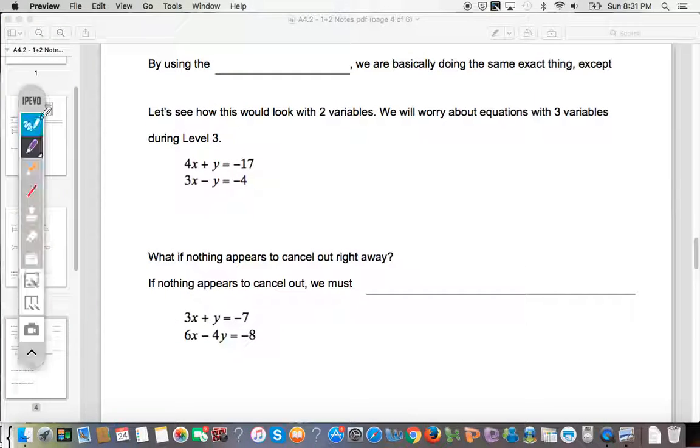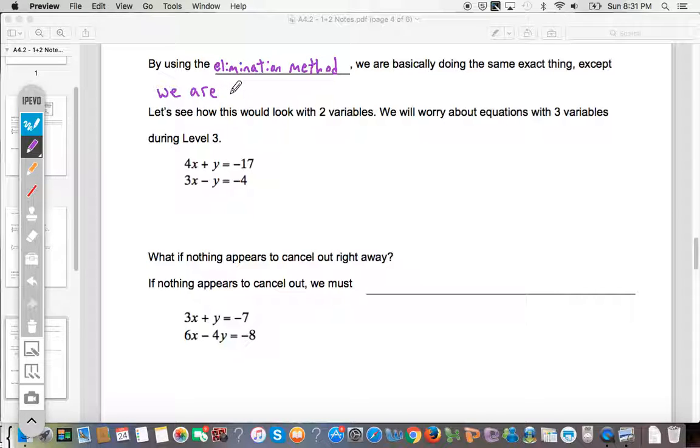By using the elimination method, as I said, we're basically doing the same exact thing, except we are eliminating a variable.